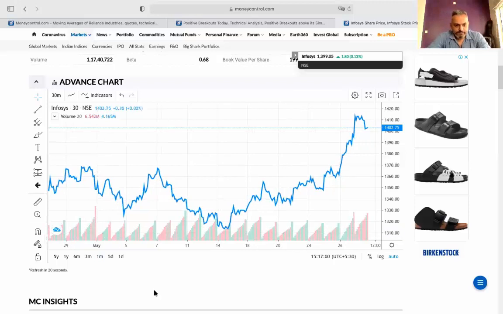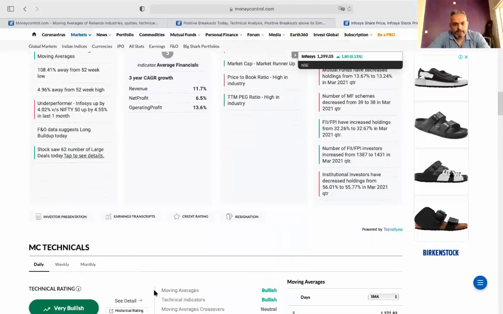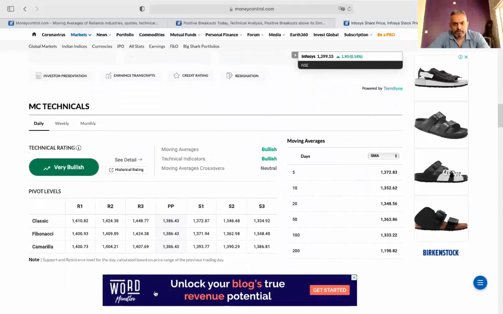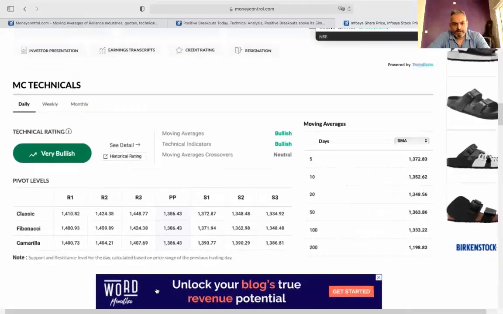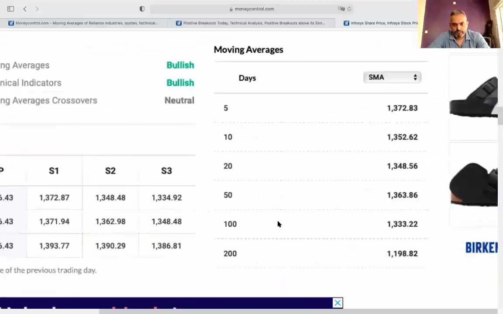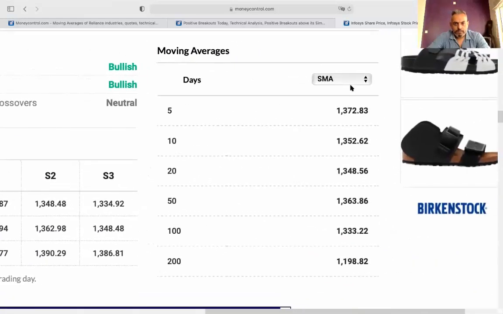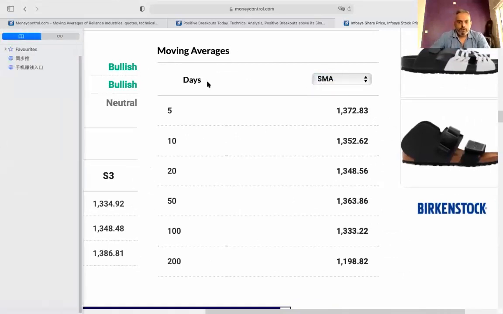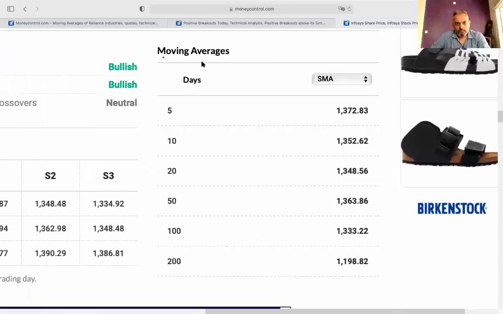So for that, I will go down and here you can see moving averages. I'll just zoom over here. You can see the number of days. The price of the share for the 5-day moving average is this much, 10 days is this much, 20 days is this much, then 50, 100 and 200 days.